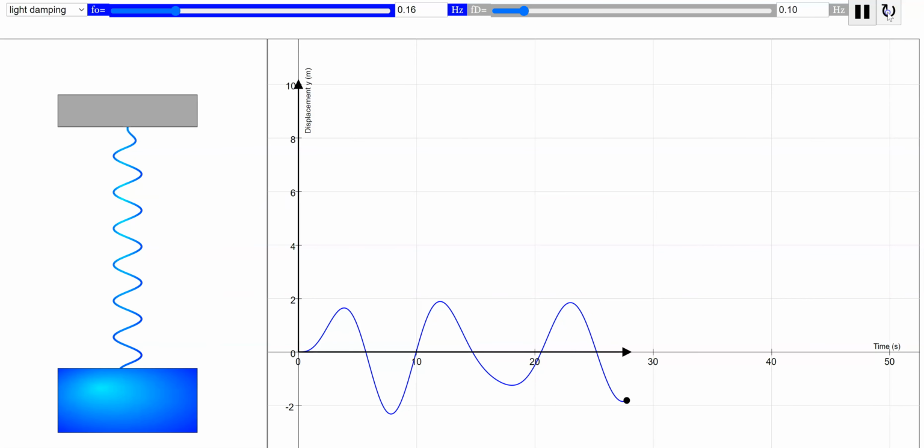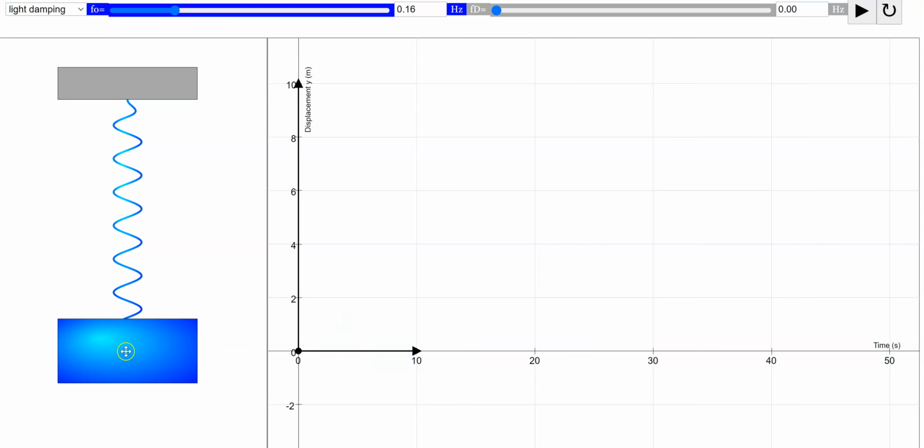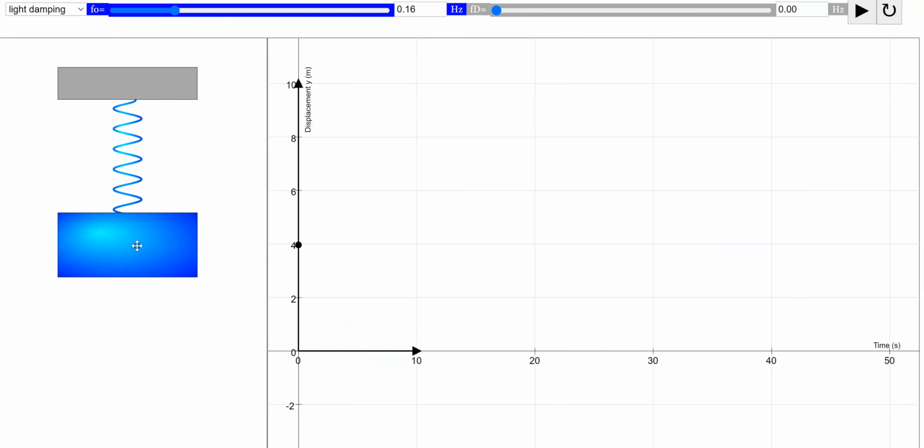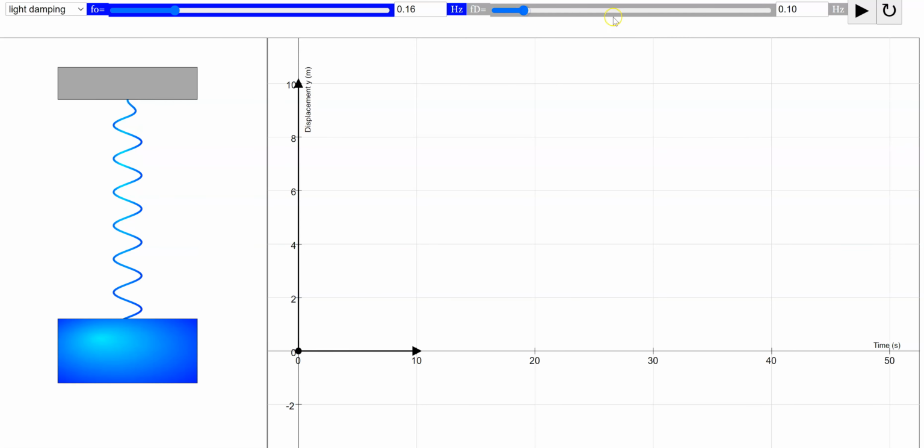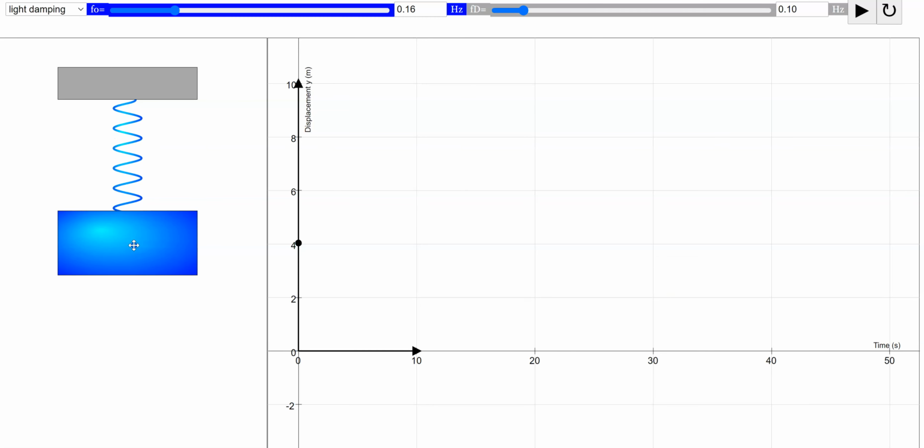I'm going to restart it. I just shifted it, but somehow it put it at 0. Somehow I'm supposed to shift it after I set up the force.